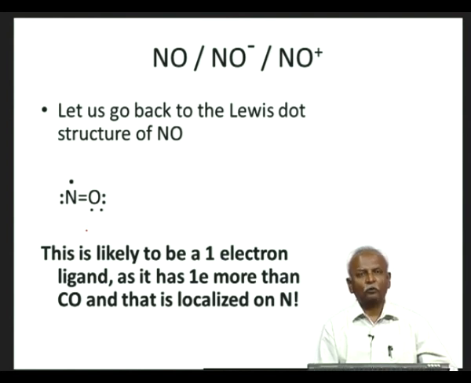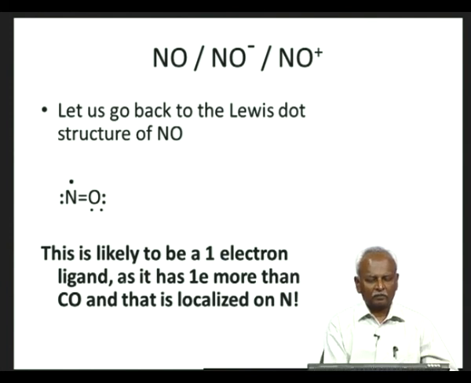If you go back to the Lewis dot structure that we looked at earlier, we remember that it has got one electron on the nitrogen, and this one electron, if you recollect Cl dot, is very similar to the system which has got one electron on the chlorine. So, this is likely to be a one electron ligand just like chlorine.